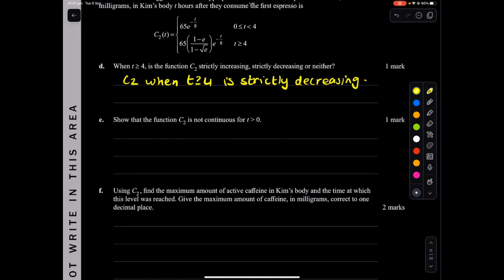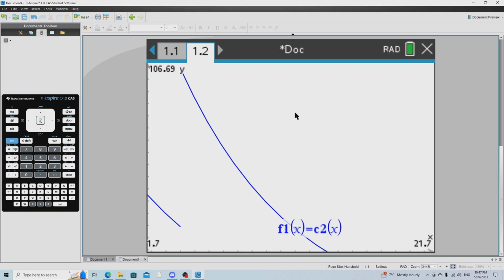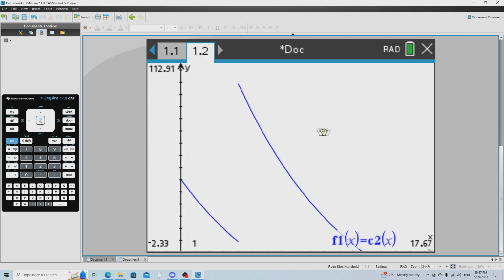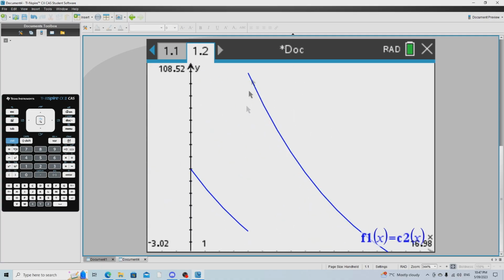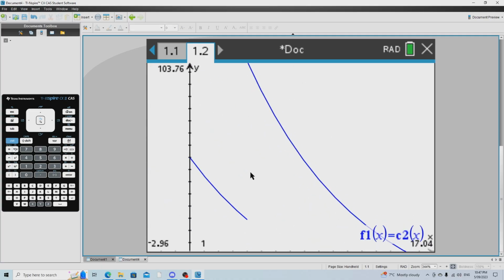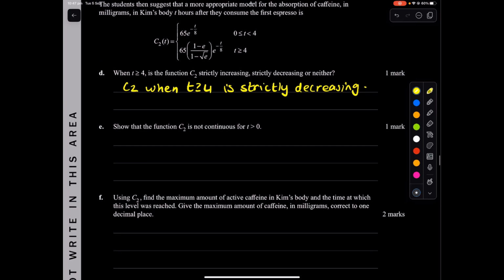Show that that function C2 is not continuous for t greater than 0. And it makes sense. Why? Let's look here. It's a break. They're not actually continuous. So the way I would suggest that you prove this is to say, is this function over here, when it's equal to 4, equal to this function over here when it's equal to 4?